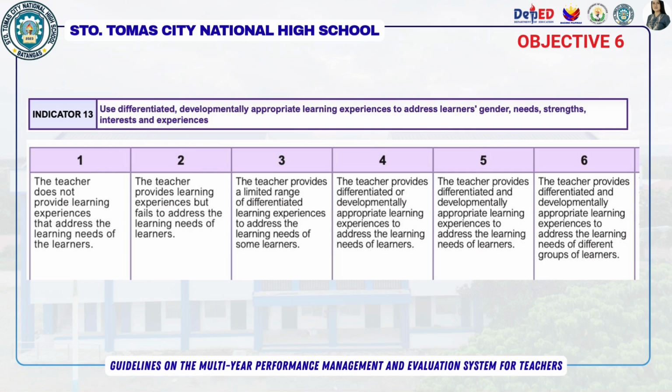The goal is a sophisticated approach. Level 5 means you provide differentiated experiences to address the learning needs of learners in general. Level 6 is the highest mark for teachers 1 to 3, where you address the needs of different groups of learners, showing specific targeted strategies for varied groups, not just the class as a whole.